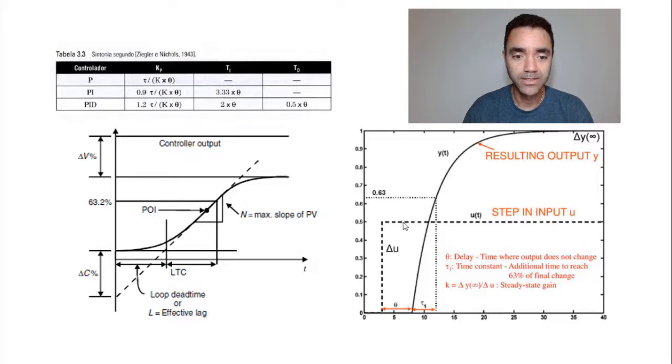In an open loop, the user makes a disturbance in the process and observes the response of the variable. Based on the dead time before observing some modification in the variable, how long it takes to produce 63% of the final result, and also the calculation of the deviation of the variable and the disturbance, the user is able to define the KP, TI, and TD.